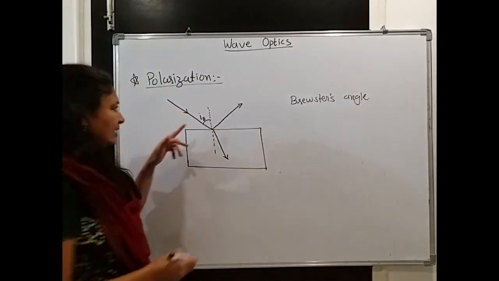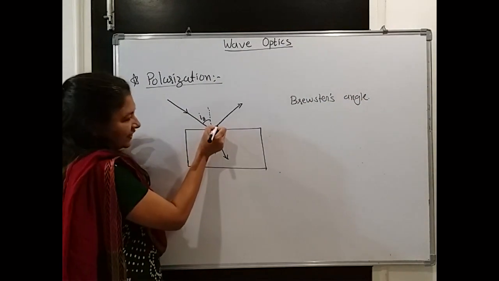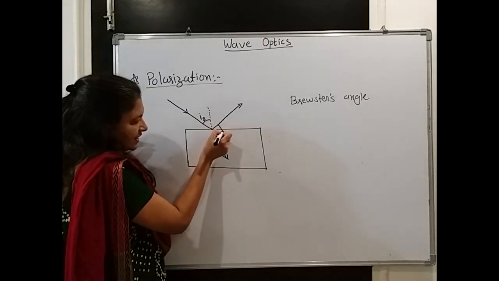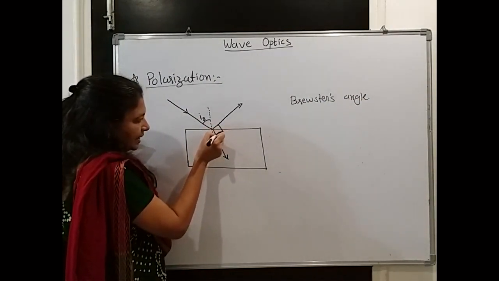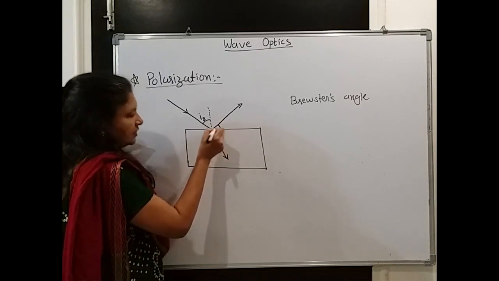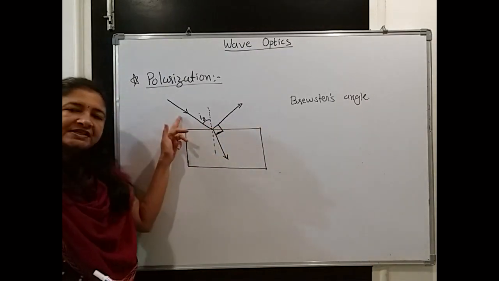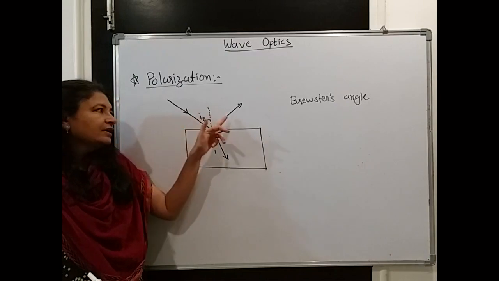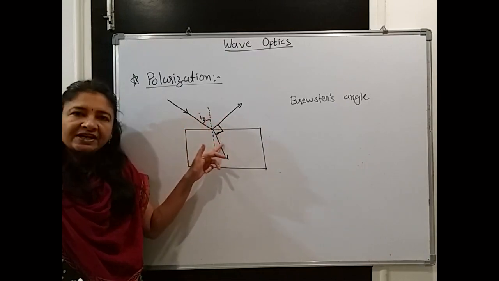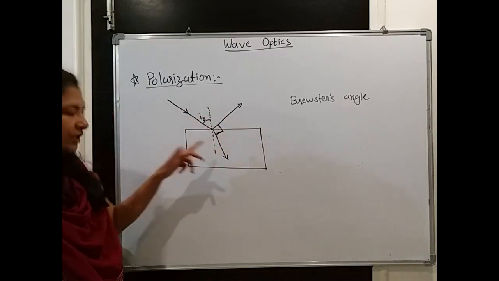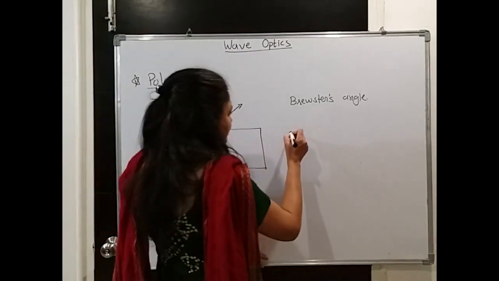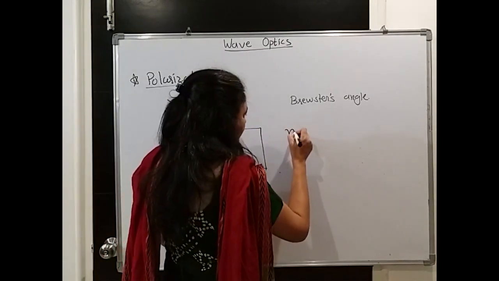Okay. And in this case, the reflected and refracted ray, they are perpendicular to each other. When angle of incidence equal to Brewster's angle, the reflected and refracted ray are perpendicular to each other, and in this case you have to remember Brewster's formula.